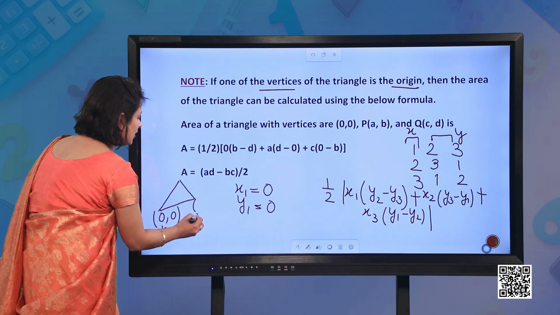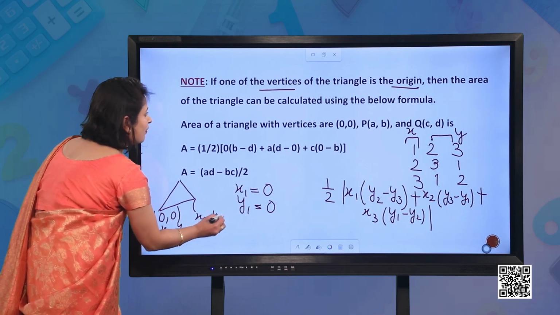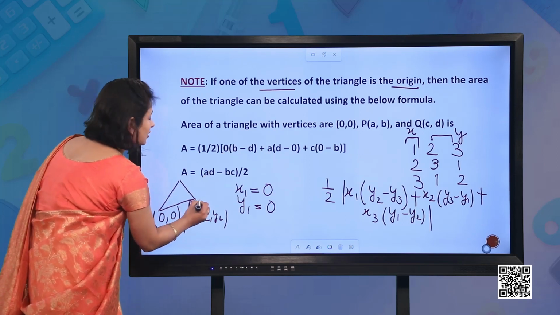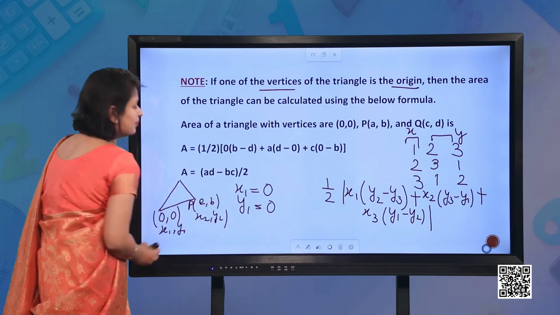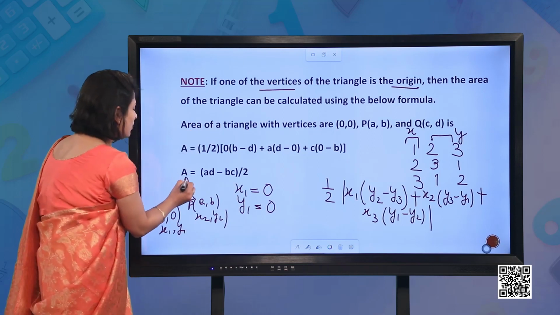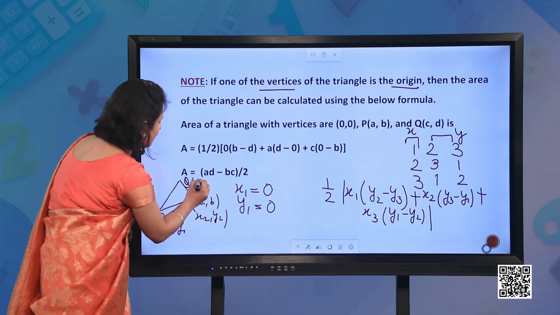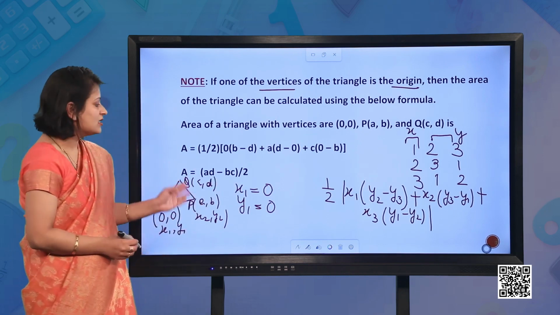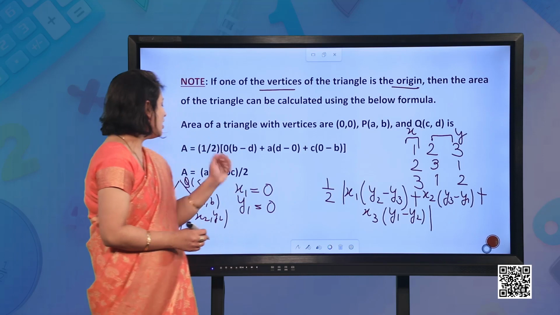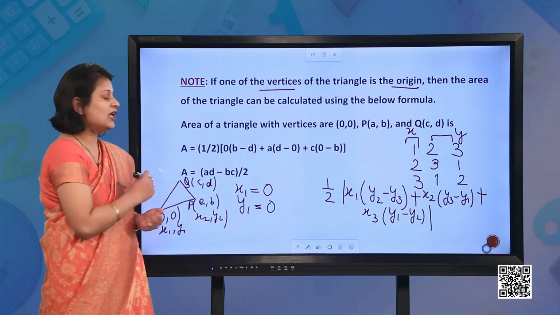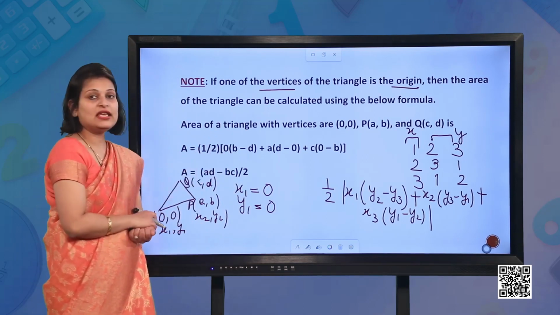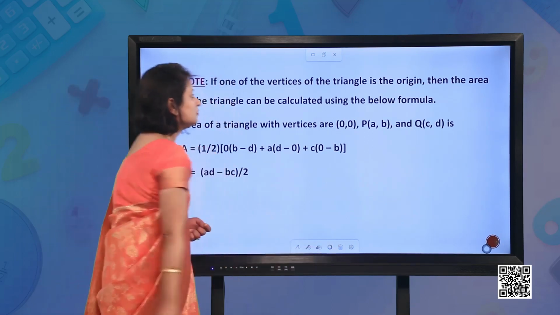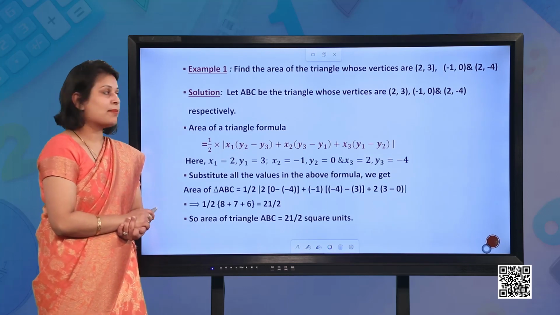This is x2, y2. As you can take it as P, which is A, B. And the last one Q as C, D. You can take this value as x3, y3. Simply substitute the values in this formula. You will get the area as (AD minus BC) divided by 2. So, let us discuss some examples.